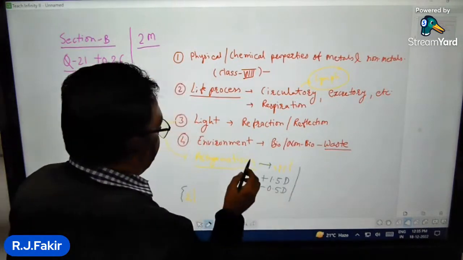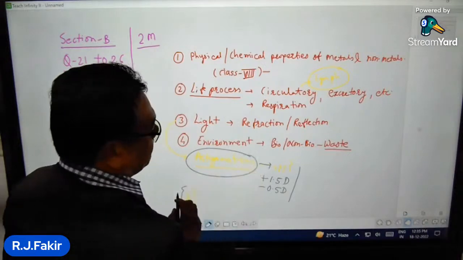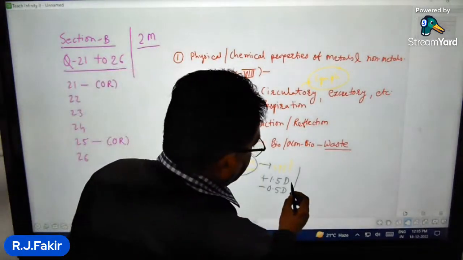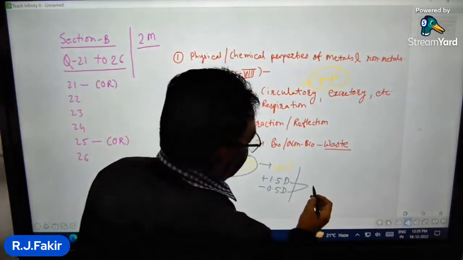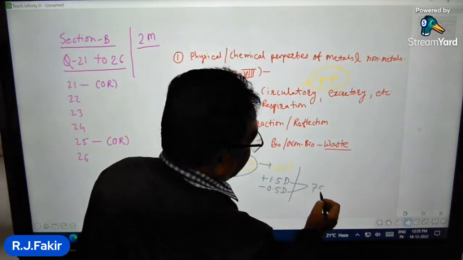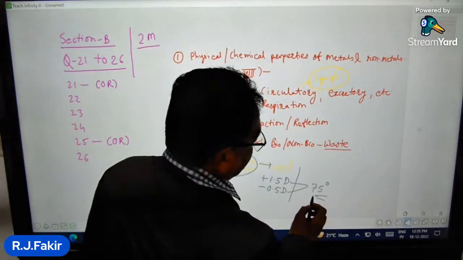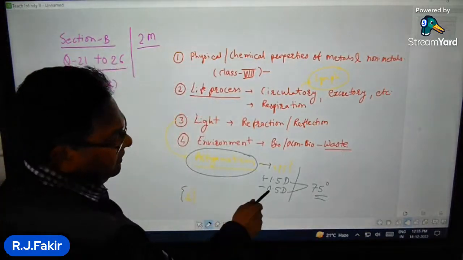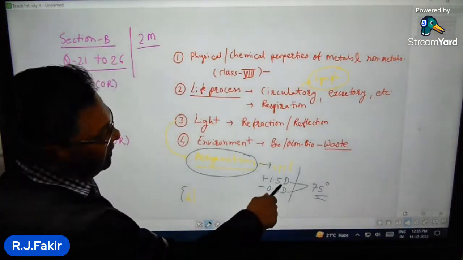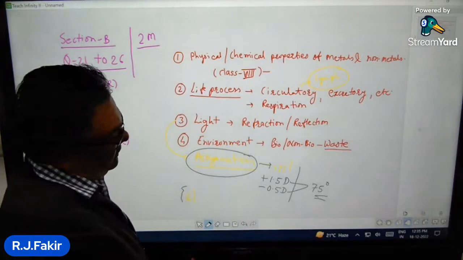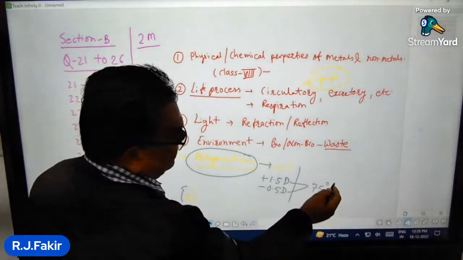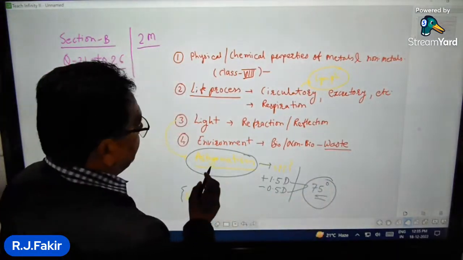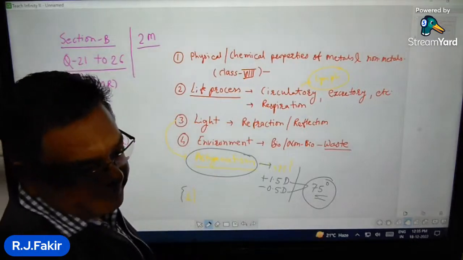Now if this defect is there in somebody's eye, along with this some angle is mentioned, like 75 degree. Along with the number of your specs, if some angle is written, that means such a person has a problem of astigmatism.